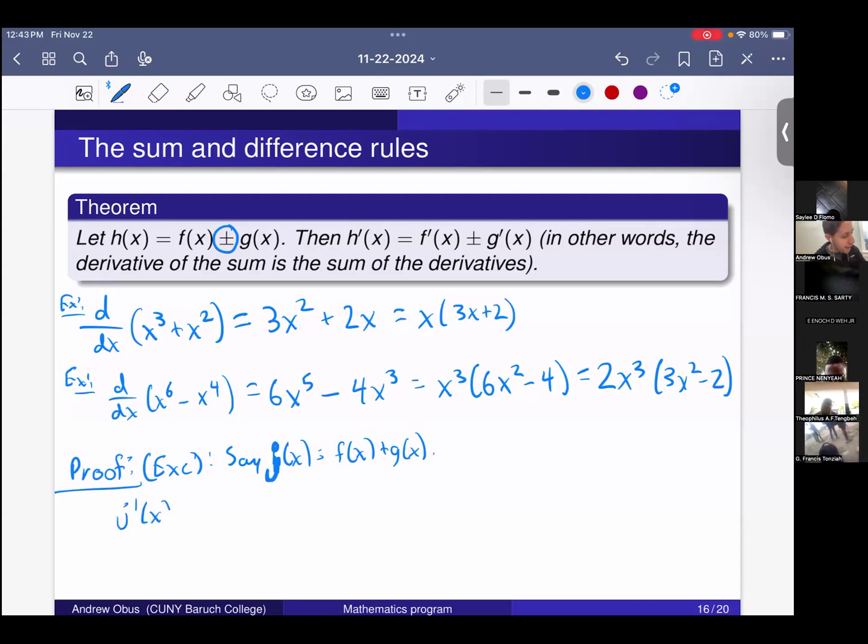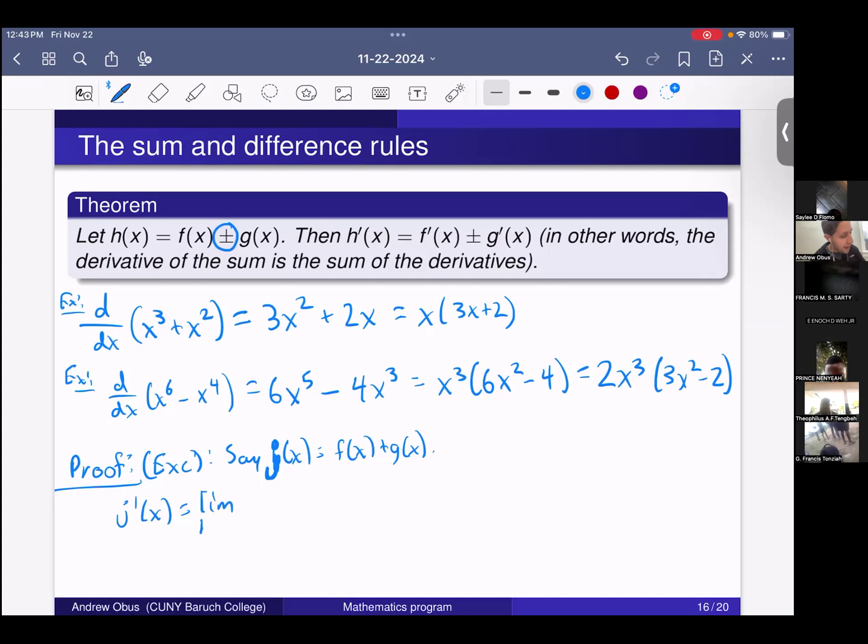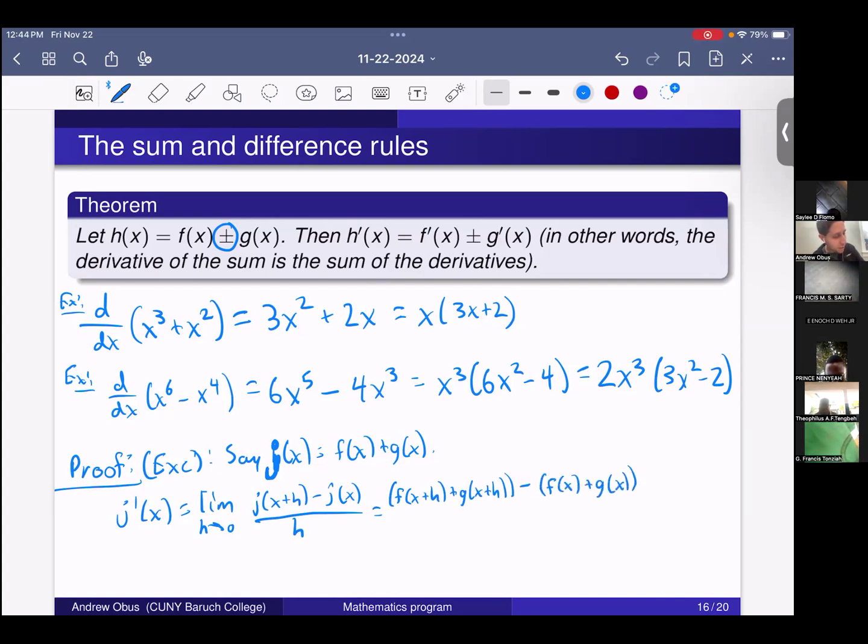Well, j prime of x is equal to the limit as h approaches 0 of j of x plus h minus j of x divided by h, which is f of x plus h plus g of x plus h, because j is f plus g, minus f of x plus g of x, divided by h. And the exercise is, can you finish this proof?